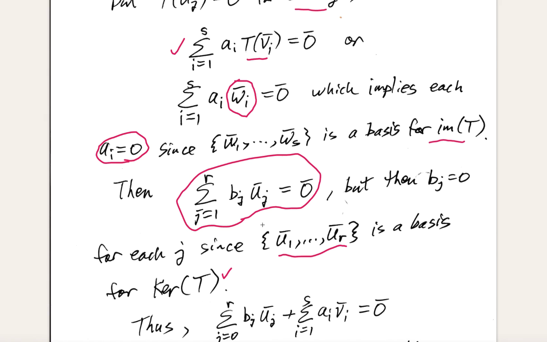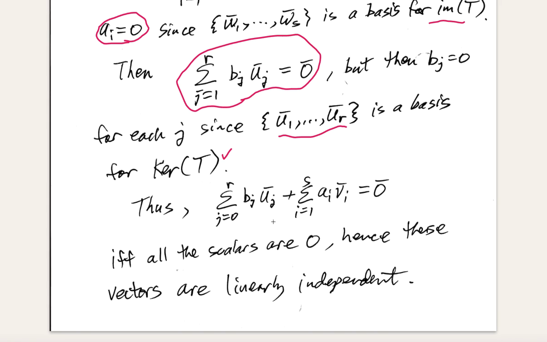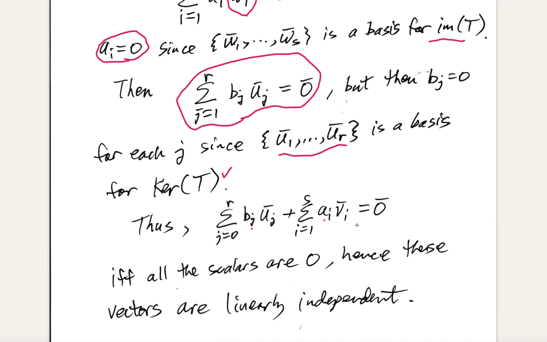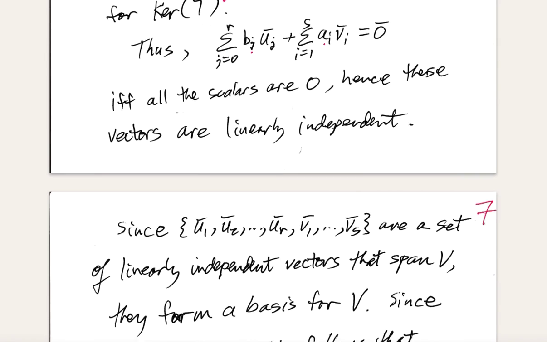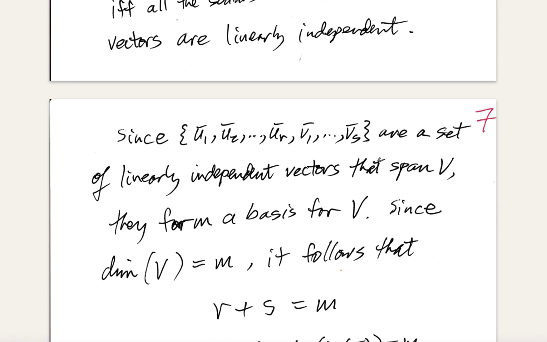So these are linearly independent, so that means the b's have to be 0. Thus the a's and the b's both have to be 0. If all these scalars have to be 0, then these vectors that I showed you up here, the u's and v's together, are linearly independent. So they are a set of linearly independent vectors that span V, and they form a basis for V.